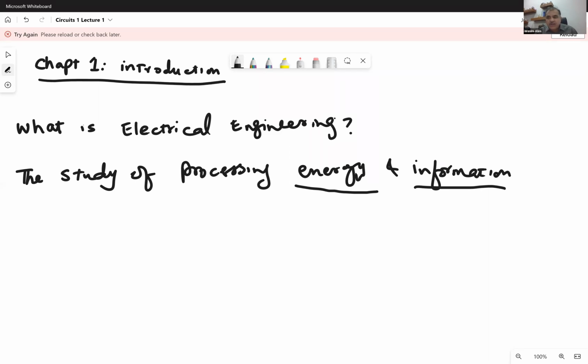When we talk about energy, these are the areas which have traditionally been known as electrical engineering focus areas, which could be power generation and distribution.